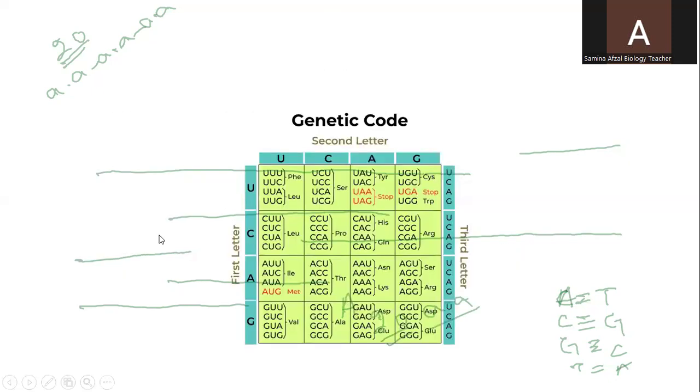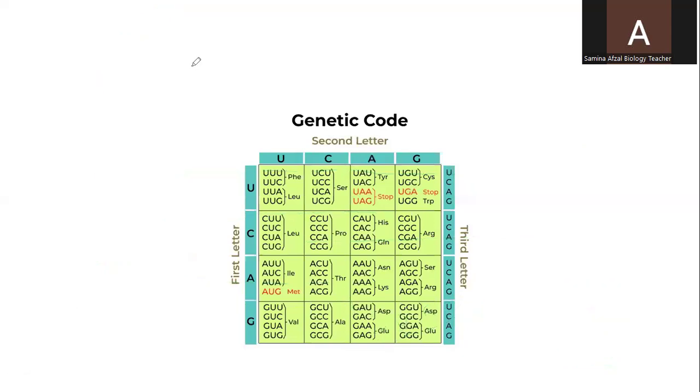And here you can see how the genetic code will make one amino acid. Here you can see the first letter, the second letter, and the third letter. When we join the first letter, in this case U, the second letter also U, and the third letter also U, there will be the formation of one type of amino acid.